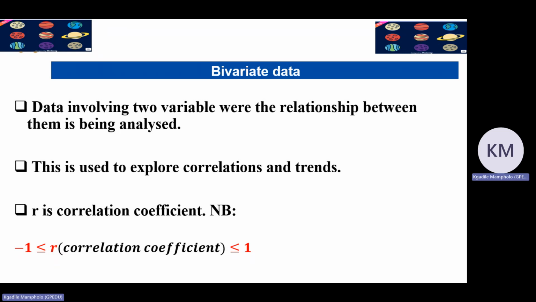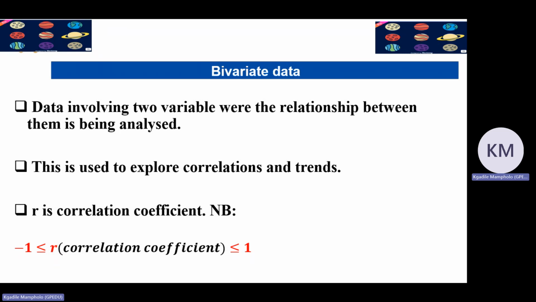So in that case, you talk about two things, and you analyze the relationship between them to say what happens to one when the other changes. Like I'm saying, in this topic, we talk about correlations and trends. You'll be learning much about the least squares regression line in the next slides, and also learn about the correlation coefficient.